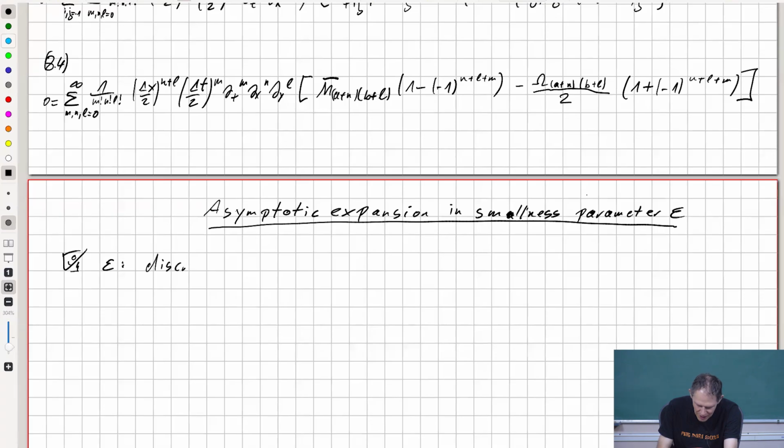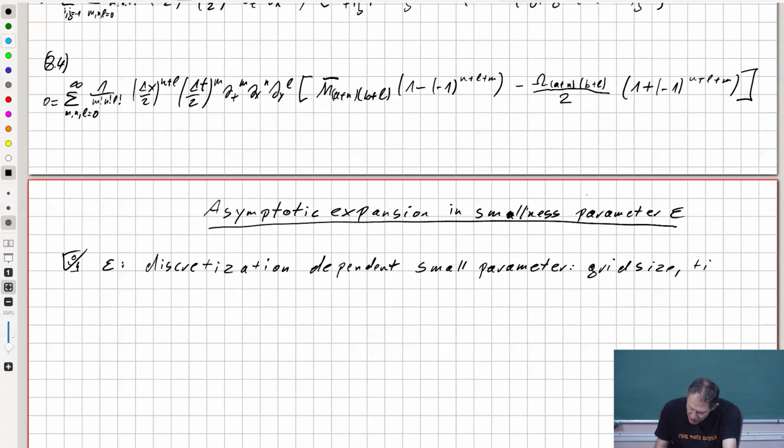And this thing is a discretization-dependent small parameter. So what this typically is, but does not need to be, is the grid size. It can also be the time step. Now you already see the problem in lattice Boltzmann. We have both. We have grid size and time step. Yeah, we have to deal with this somehow. Or it could be something else.